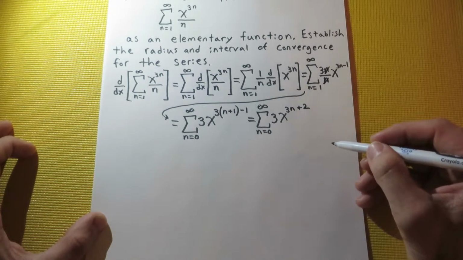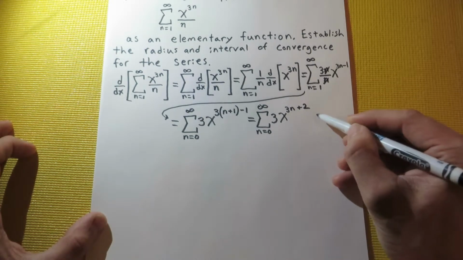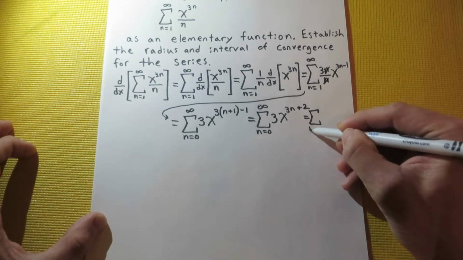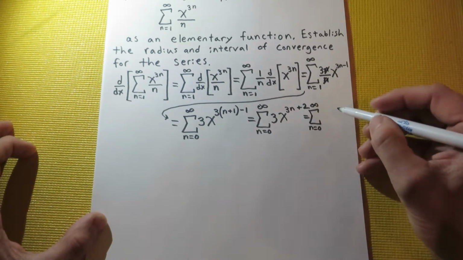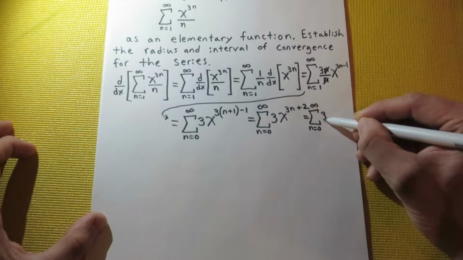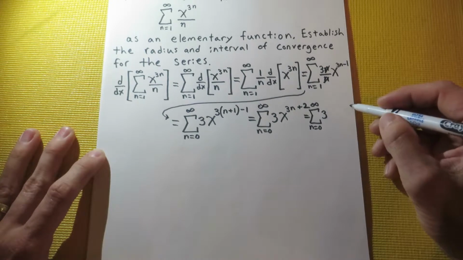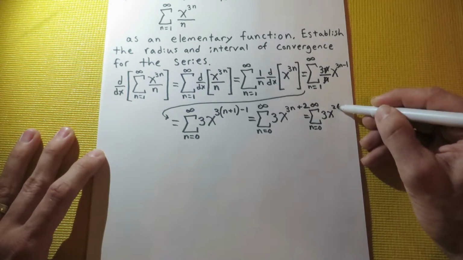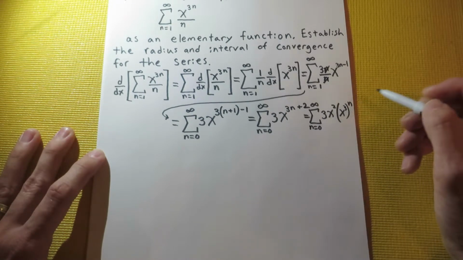Well, again, we can manipulate this algebraically, and that will get us the sum from n equals 0 to infinity of 3 times x squared times x cubed to the nth power.